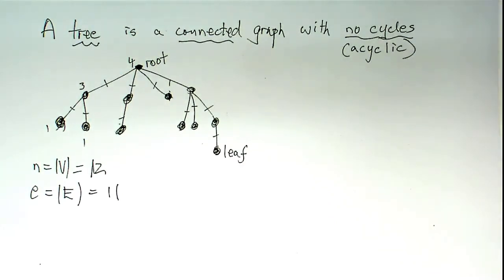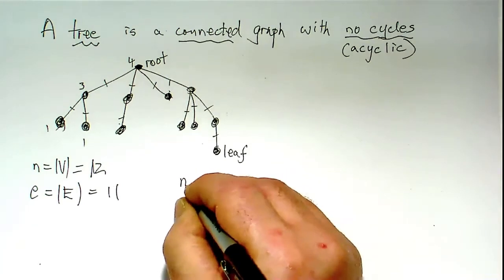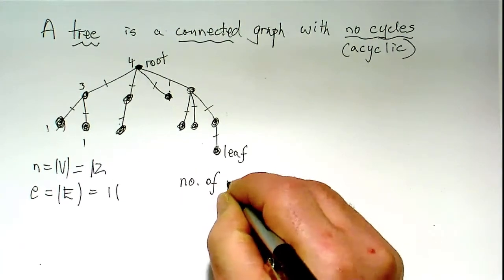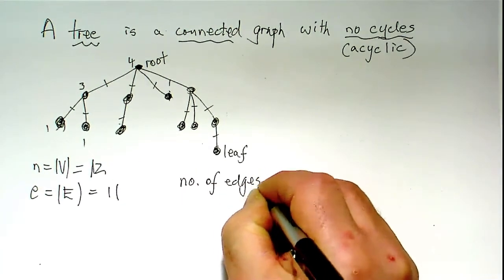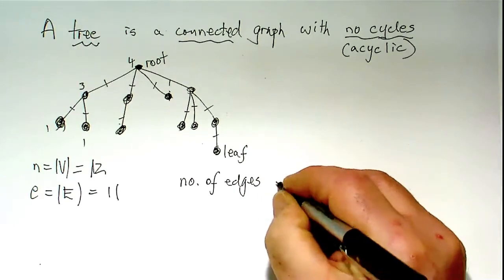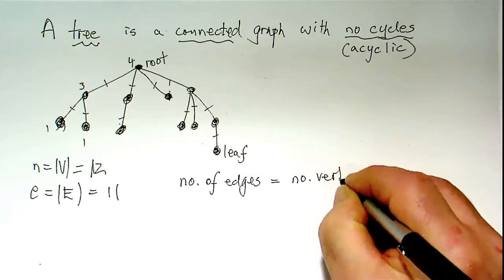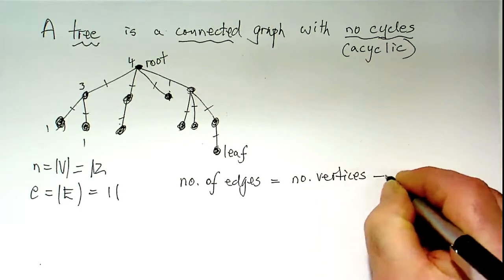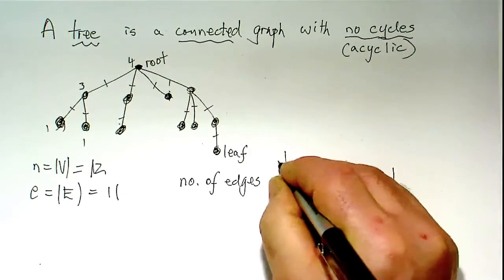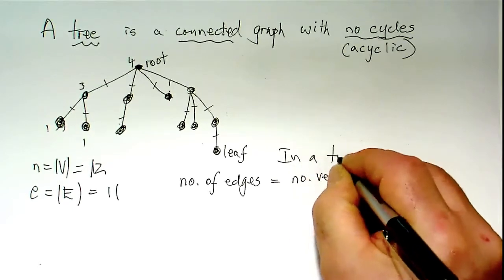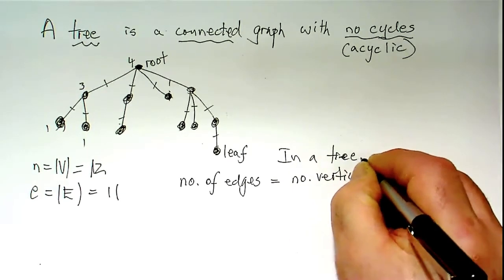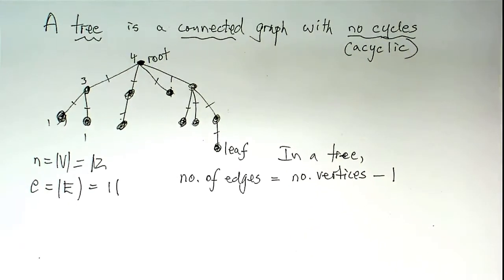Okay, and it's always true in a tree that the number of edges is equal to the number of vertices minus 1. I'm not going to prove that today.